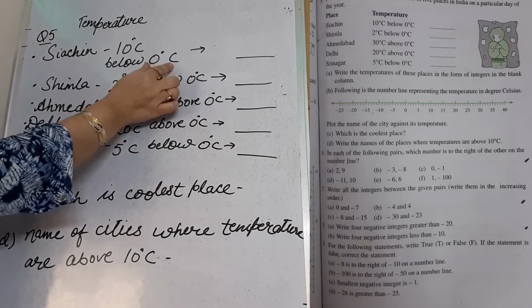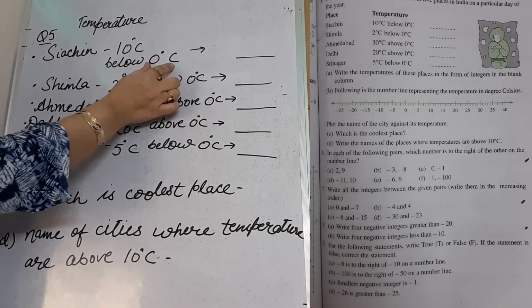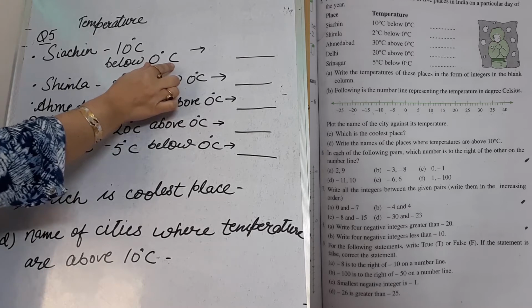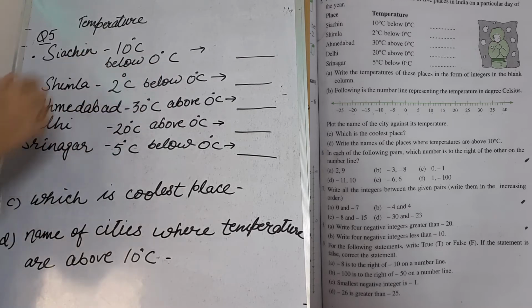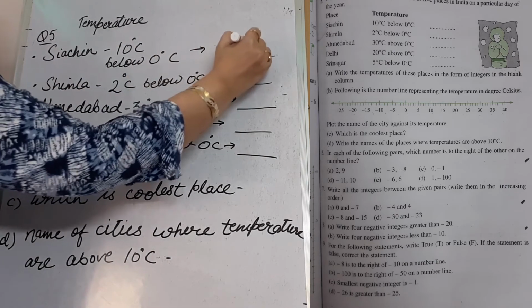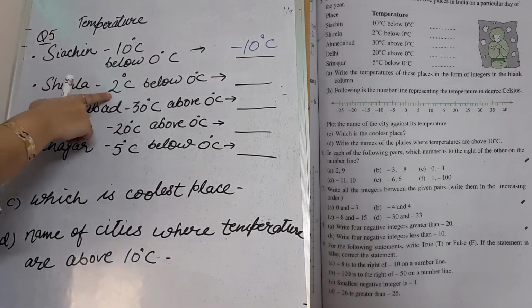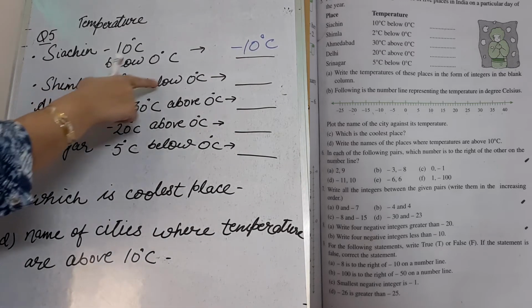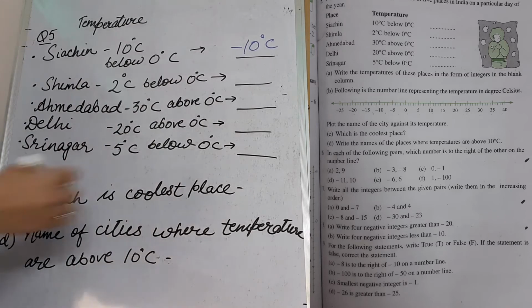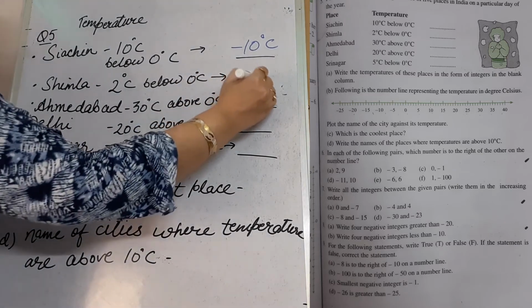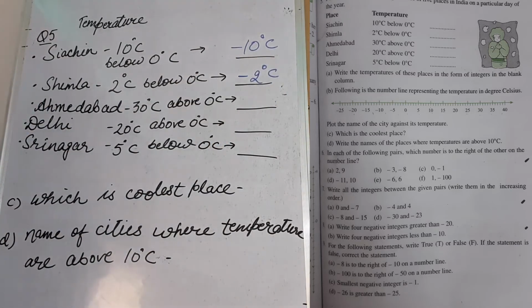We will always take 0 degrees C as reference line, baseline. So 10 degrees C below 0 degrees C means I am talking about negative integers. So here I will write this temperature would be minus 10 degree C. Shimla having temperature 2 degree C below 0 degree C. So it would be minus 2 degree C.